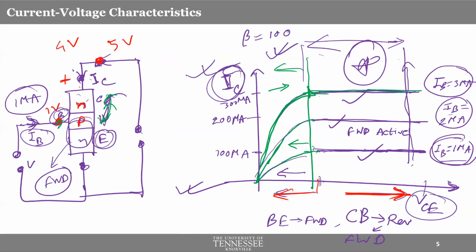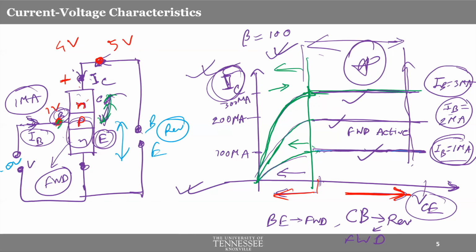But if for some reason you reverse bias the base emitter junction as well, that means you simply put a 0 volt at the input, done. Or maybe some negative voltage at the input. You'll have a reverse biasing at the base emitter junction. Then you'll not actually have any current at all. Or you'll have very negligible current.